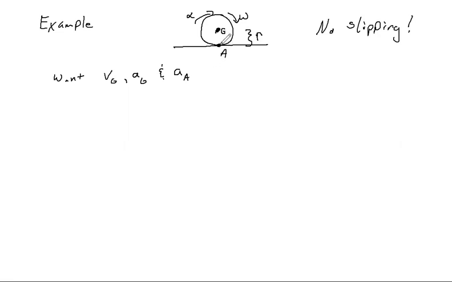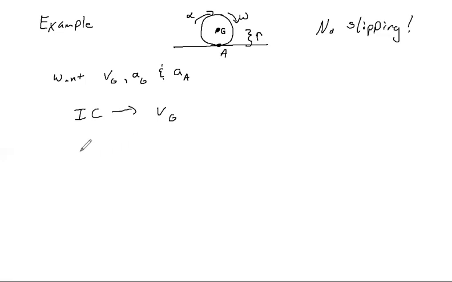So the way I'm going to do this is I'm first going to use an IC, instantaneous center of motion analysis, to relate omega to the velocity of G. Okay, so that's how I'm going to get that part done.